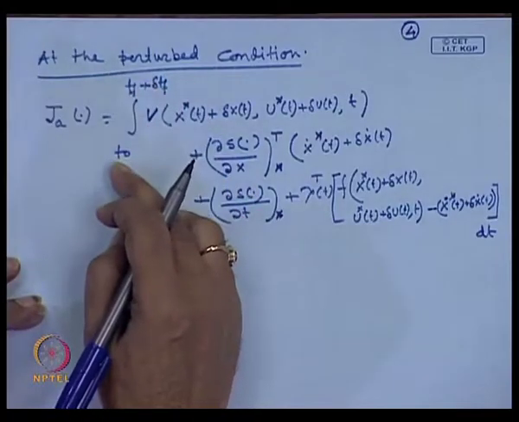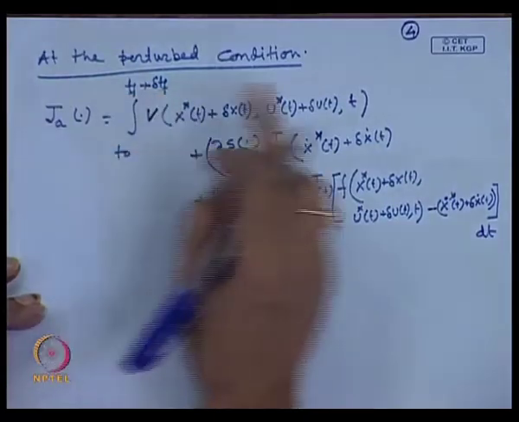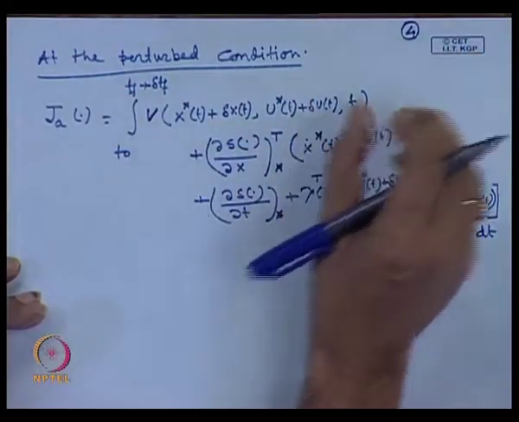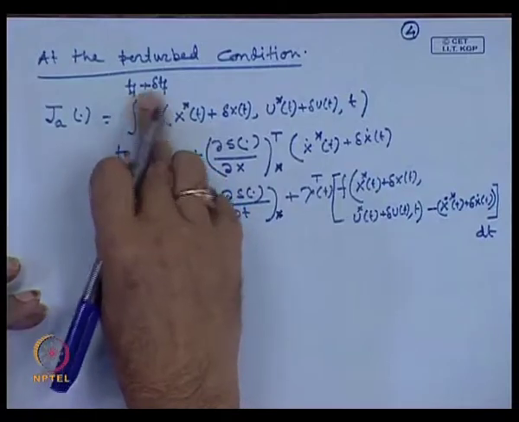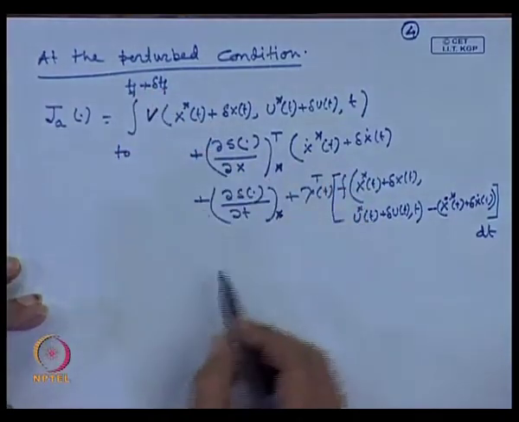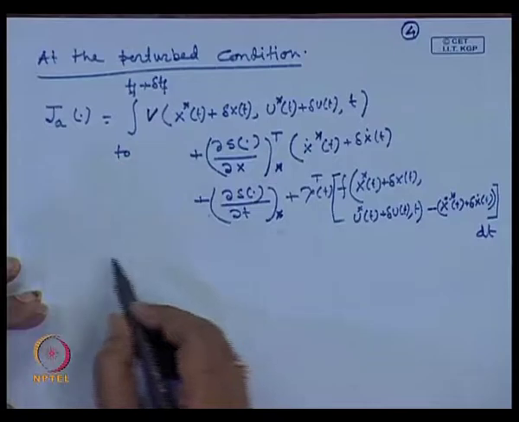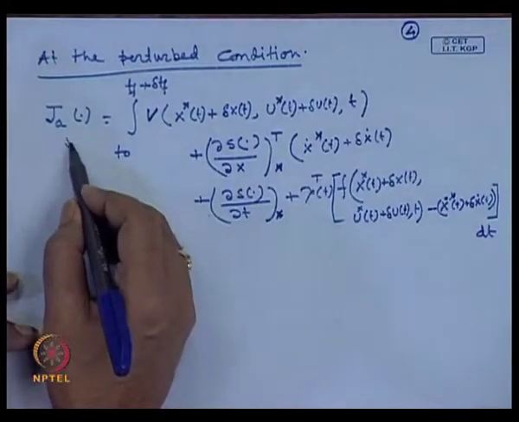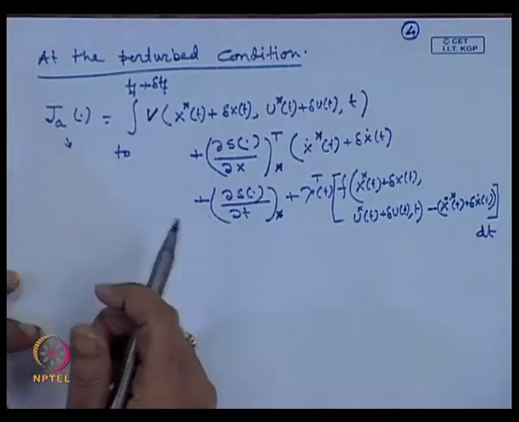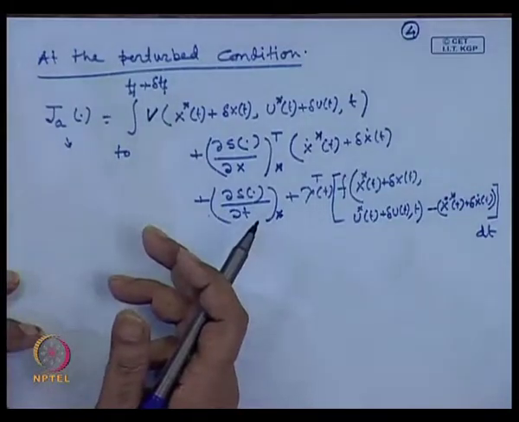And that is integrated from t 0 to t f plus delta t f, because our final time is also changed from t f to t f plus delta t f. So, now this is the objective function value. What is the incremental functional value?